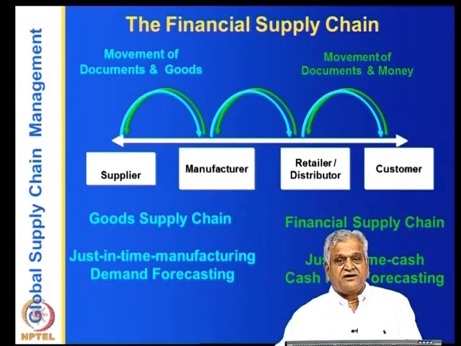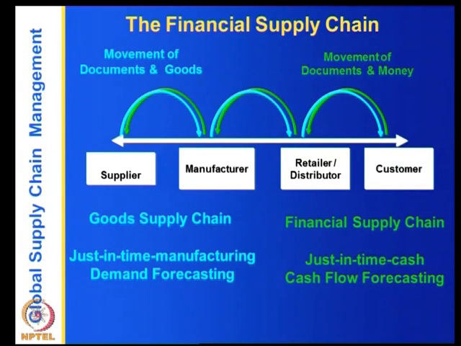On the other hand, the financial supply chain goes in the reverse direction. It is the supplier who puts the money in first, but when does he get the money back? He gets it back after three months. But when the retailer sells to the customer, he gets the money first, and it moves backward: retailer to manufacturer, and manufacturer to the suppliers, and so on.